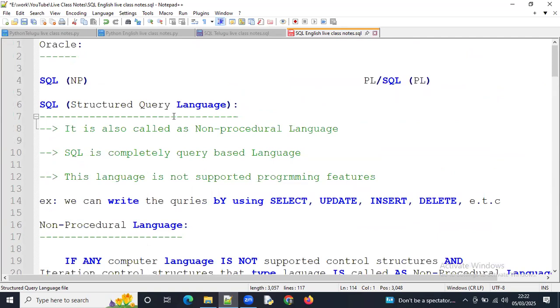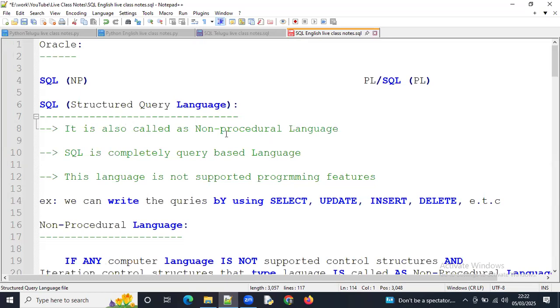SQL is a structured query language. It is called a non-procedural language. Why is it called a non-procedural language? Because it won't support any programming in this language.